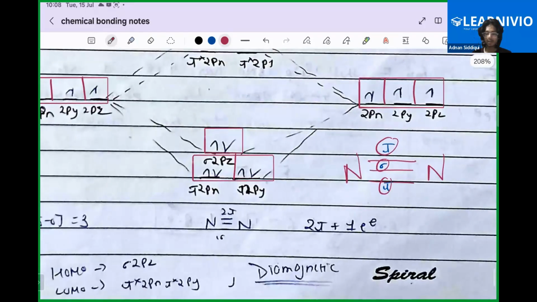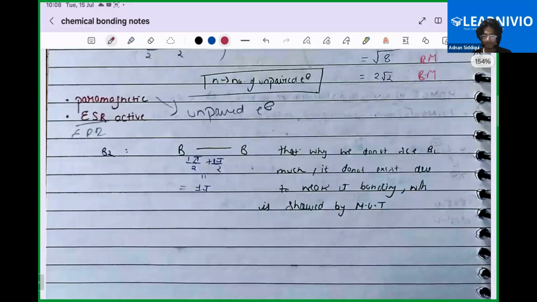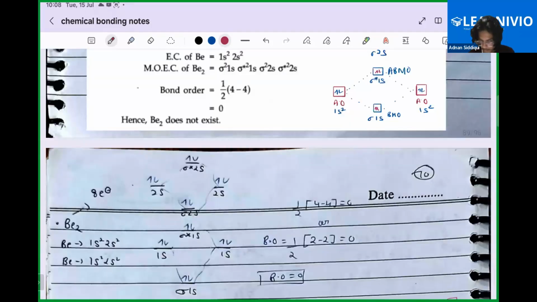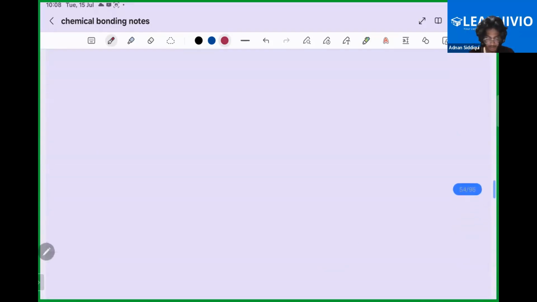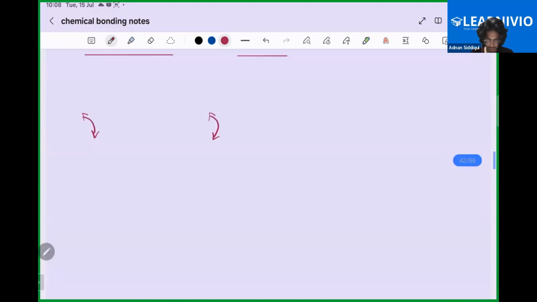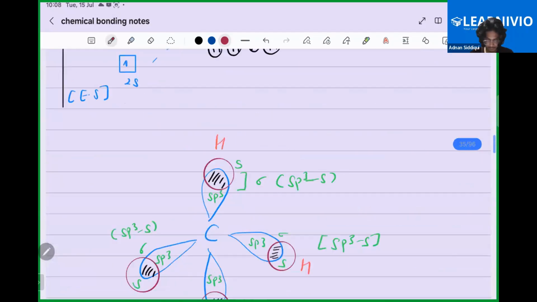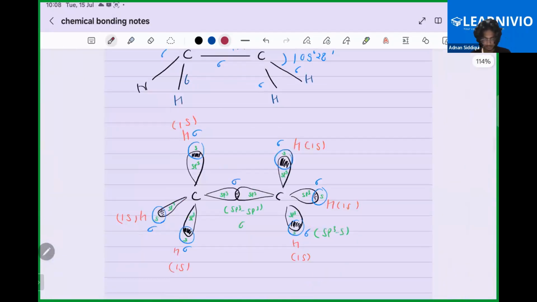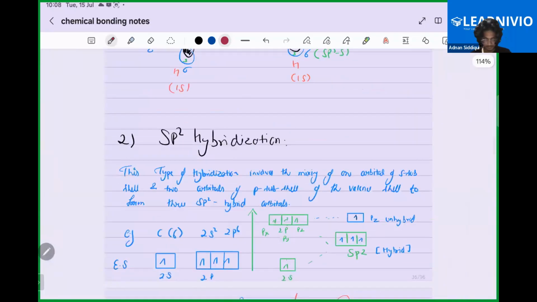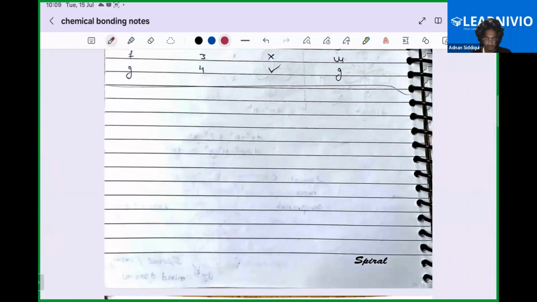To clarify it, let us go back and see the diagrams of sp hybridization, because that will help you to visualize it better.